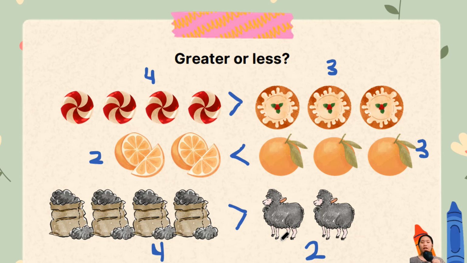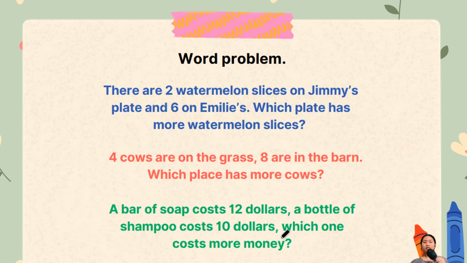All right. Now let's move on to the last part of our lesson, which is word problem, okay? Don't worry, we don't have to do any sort of calculation. Once again, this is just count and compare, but word problem. Now let's read with me. There are 2 watermelon slices on Jimmy's plate and 6 on Emily's.